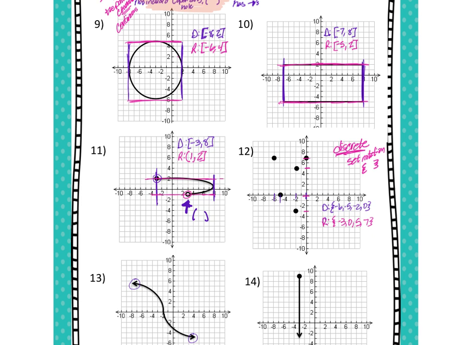But it has to be furthest to the left, furthest to the right, highest or lowest. Like in this case, there's a hole here, but if I go up on this line, it's solid here, which means it's continuous. It's actually included at that. I have a y value at that x value, so I'm okay there.